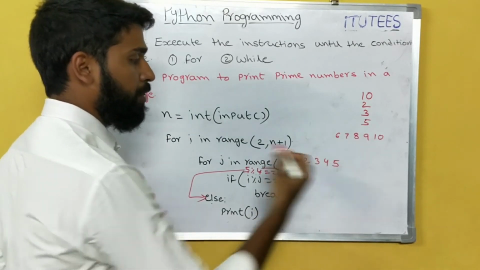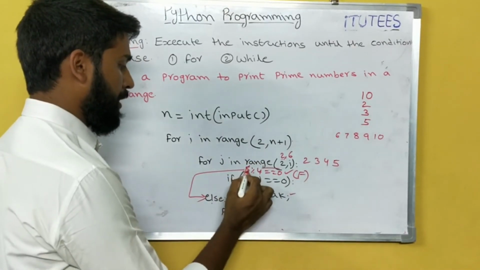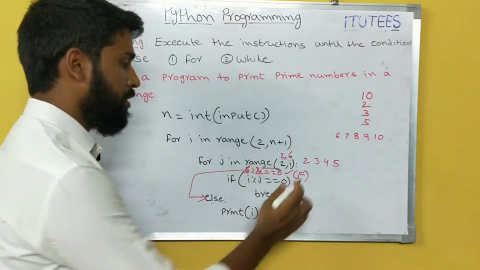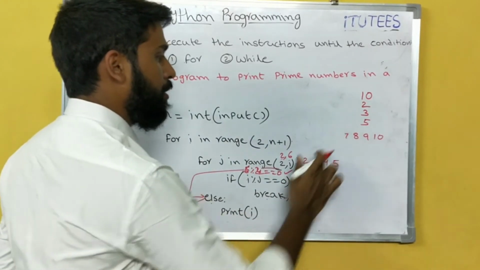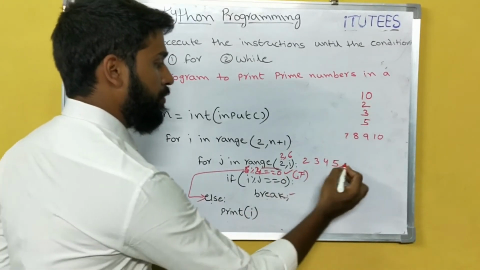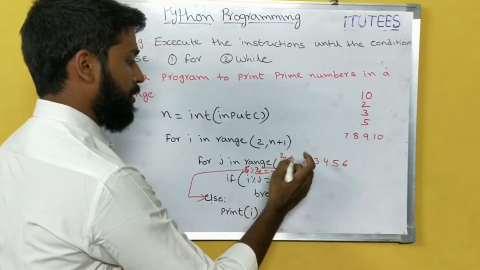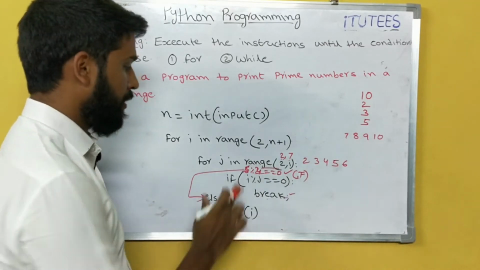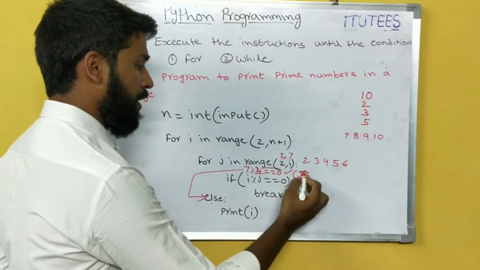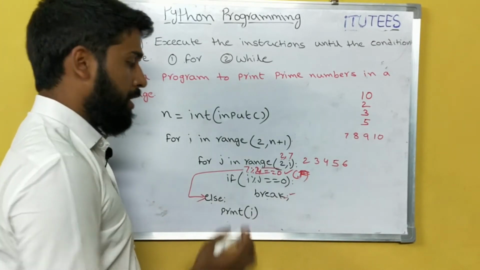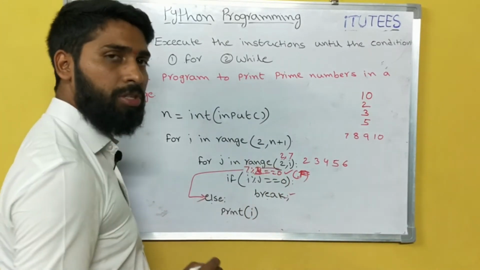Next 6. 2 comma 6, that means 2, 3, 4, 5. 6 % 2 equals 0. True. Break. Then the i value becomes 7. 2 comma 7. 7 % 2 equals 0. False. 7 % 3 equals 0.